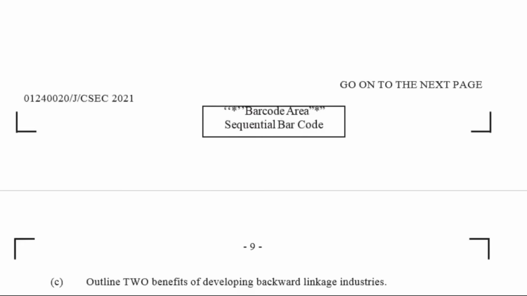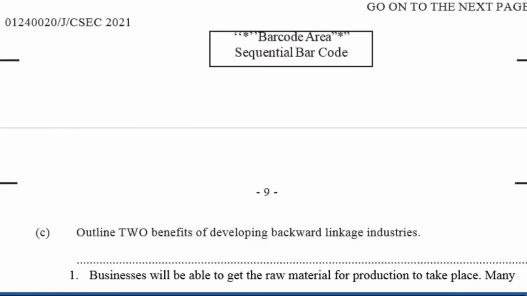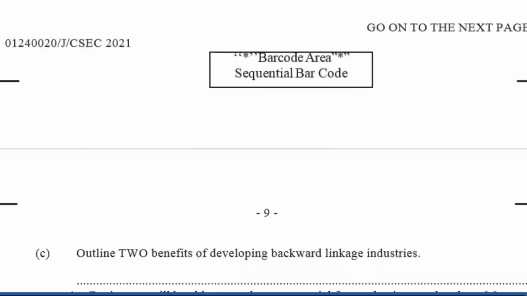Alrighty. So we have the next question here. Question C. Outline 2 benefits of developing backward linkage industries. Now, it's important that you are able to tell the difference between backward linkage industry and forward linkage industry.